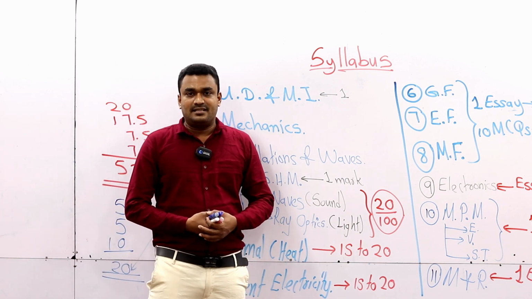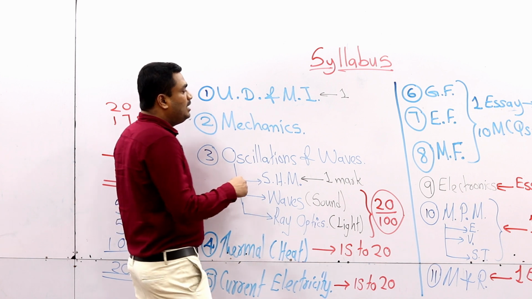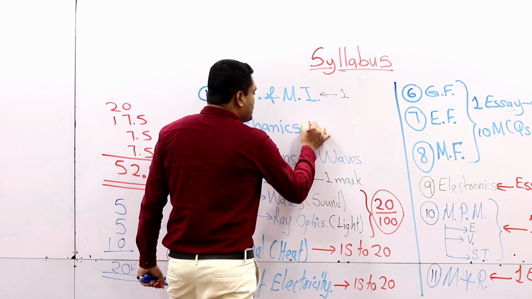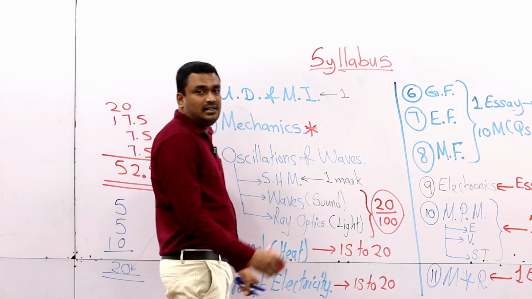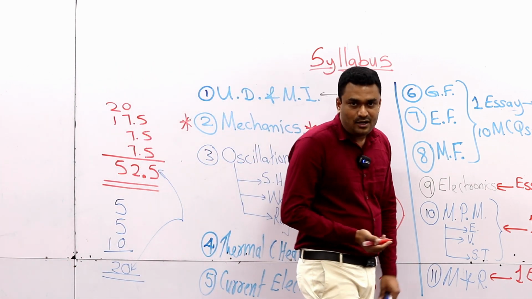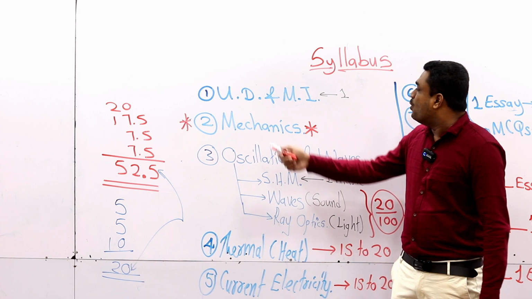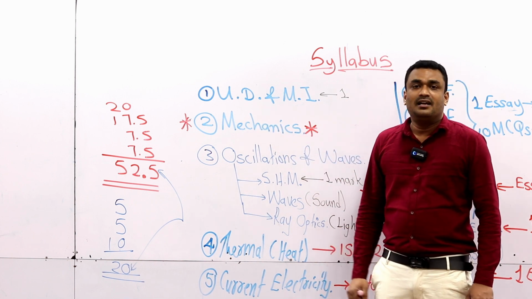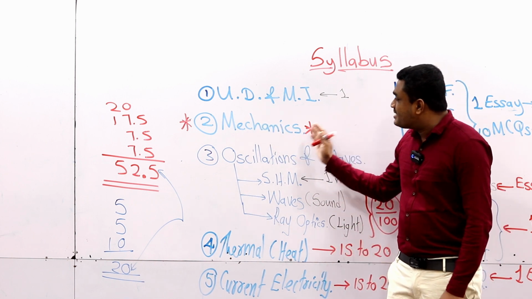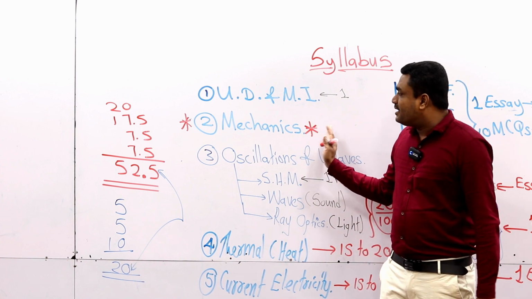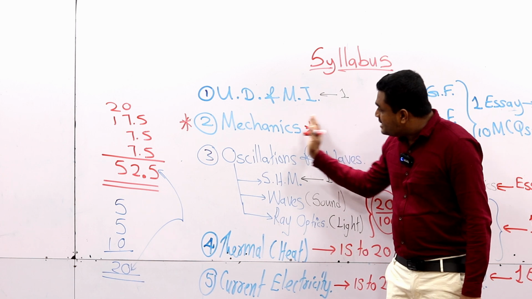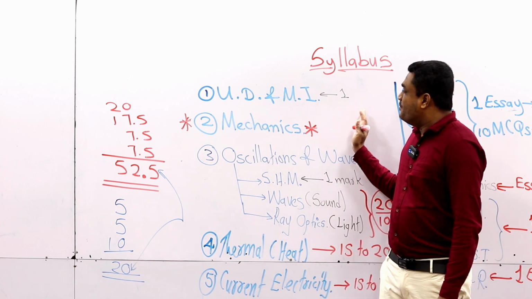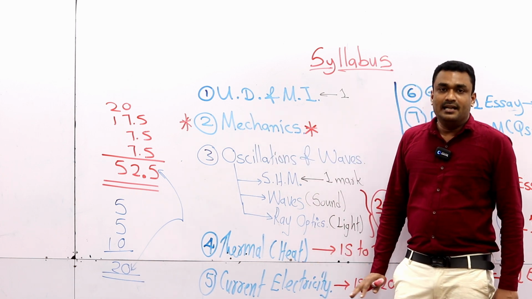Under O-level science, you have learned almost everything of mechanics. Therefore, it's not necessary to learn the mechanics lesson again in advanced level physics. We will teach it, but it is not a very important lesson, and it will be very easy for you because you have already learned it.